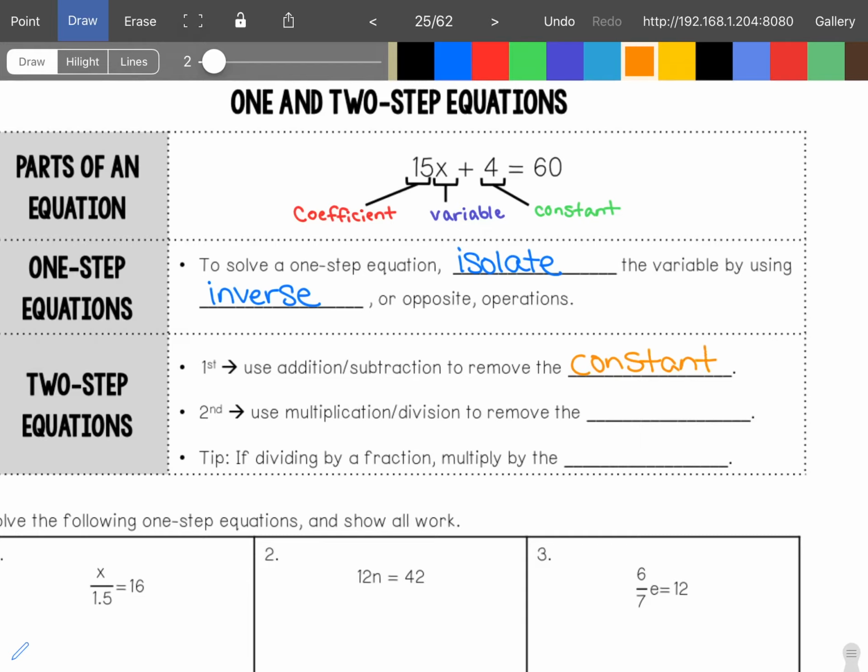The second step is to use multiplication or division to remove the coefficient. And just as a reminder, a little tip: if we're dividing by a fraction, that's the same thing as multiplying by the reciprocal.